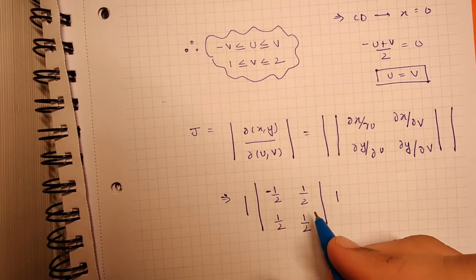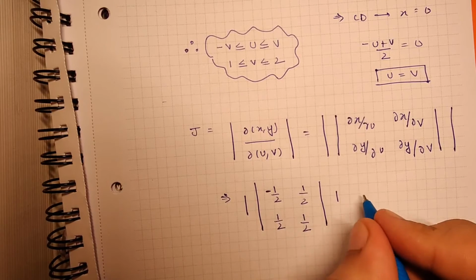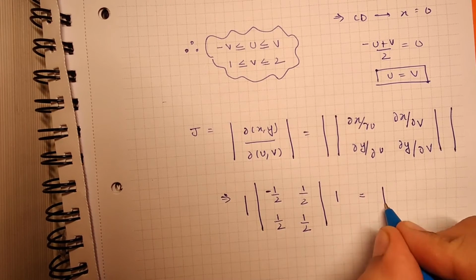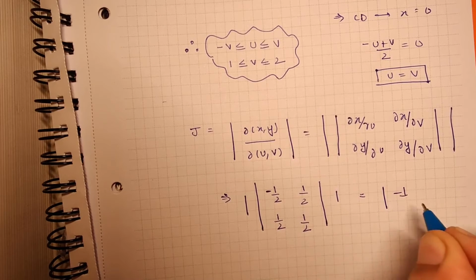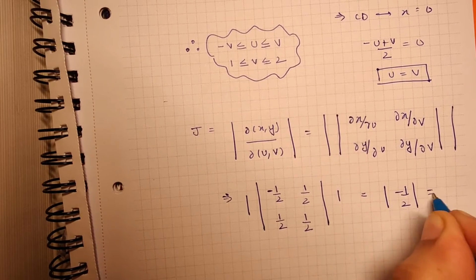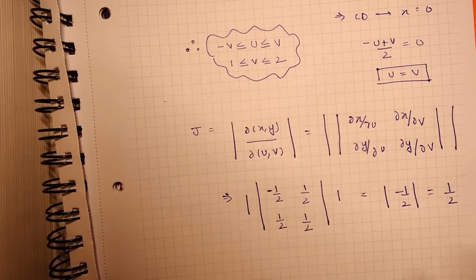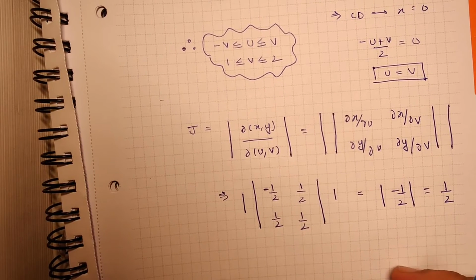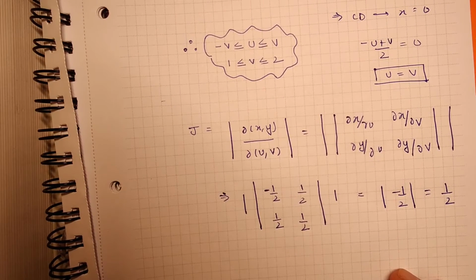And as you can easily see, this is mod of minus 1 by 2, which is 1 by 2. So our Jacobian at the end is 1 by 2.